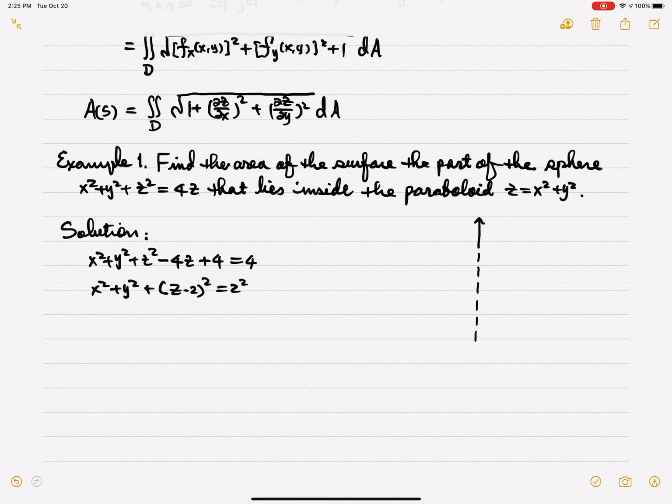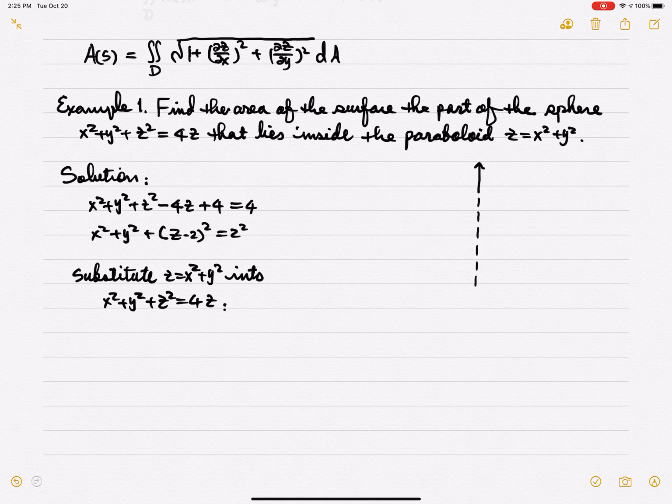If you substitute z equal to x squared plus y squared into x squared plus y squared plus z squared equal to 4z, then you're going to have z plus z squared equal to 4z.